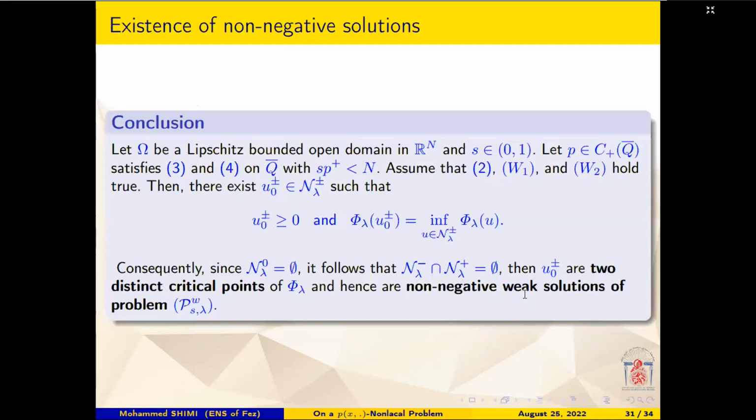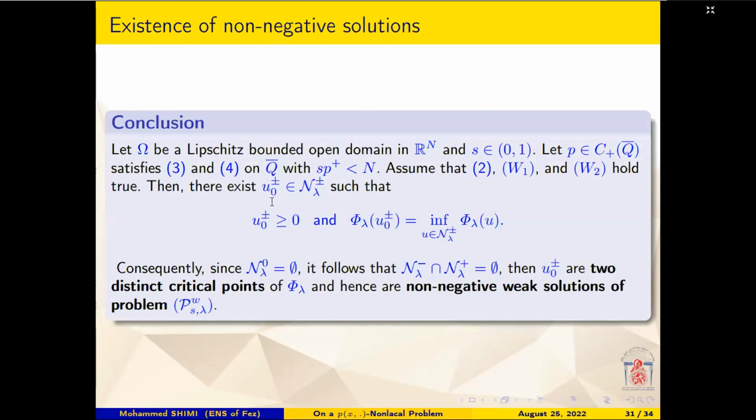As a conclusion, we suppose that omega is a Lipschitz bounded open domain in R^n, and s belongs to (0, 1), p belongs to C plus of Q bar, which satisfies assumptions 3 and 4 on Q bar, with n greater than sp plus, and we assume also that conditions 2, W1 and W2 hold true.